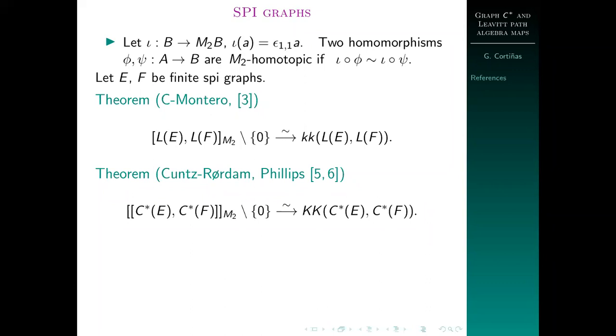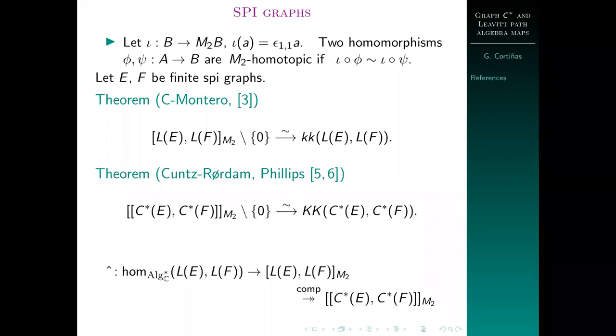Okay, so theorem B gives you a surjective map between the little kk group in the first theorem onto the big kk group in the other theorem, so that's the map comp, and tells you that comp of something is an isomorphism if and only if the original map was an isomorphism. So now, because the graphs are SPI, because of these two theorems, you can replace bivariant K theory by homotopy classes of maps.